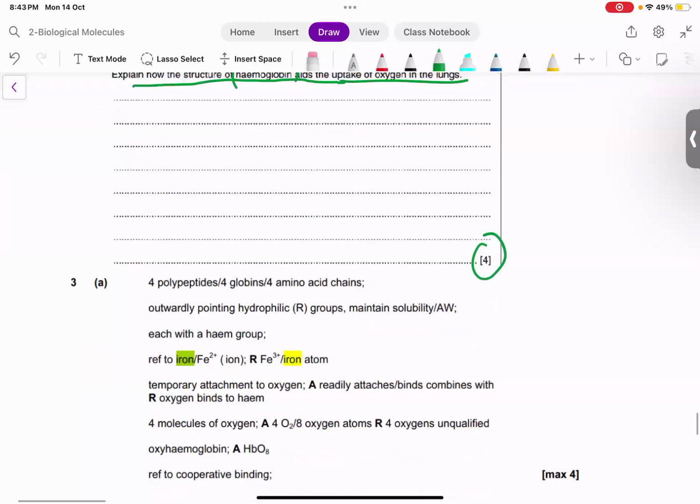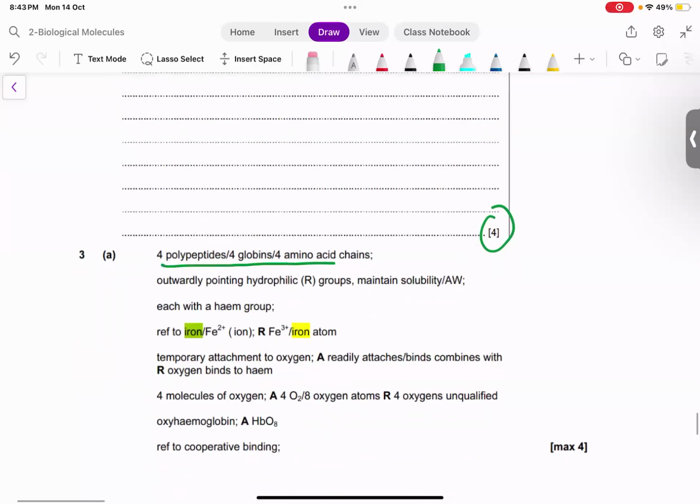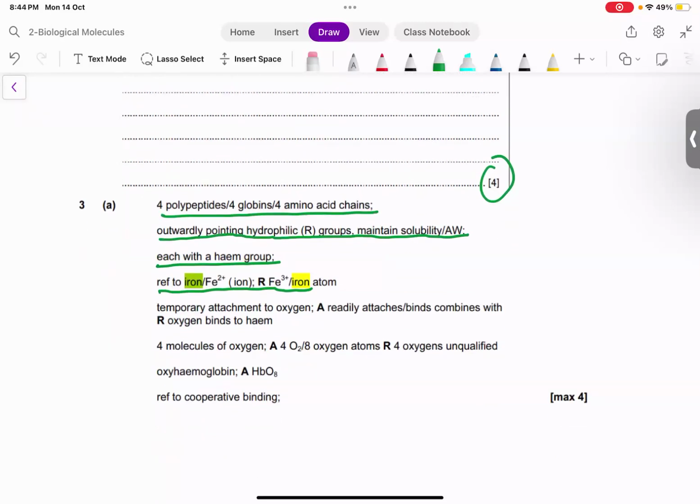Again, you can say there are 4 polypeptides in hemoglobin. The hydrophilic R group pointing outwards makes the hemoglobin molecule soluble in the water. And each polypeptide has 1 heme group. This heme group has an iron atom. And this makes temporary bonding of oxygen with each heme group.